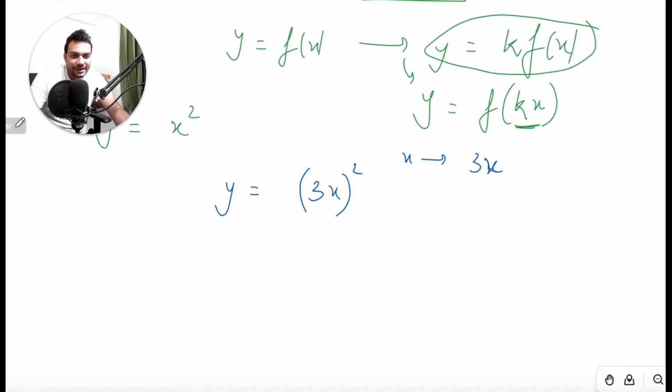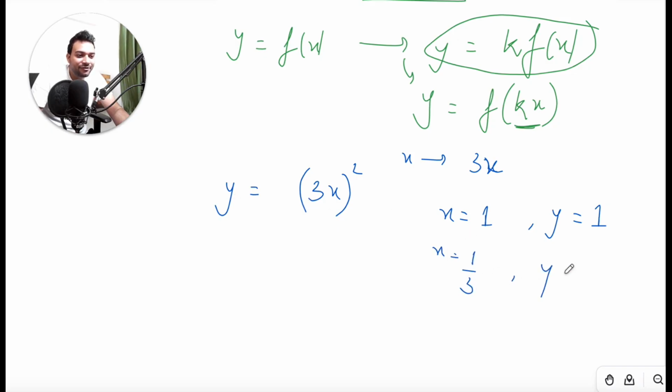Although it's one and the same thing, the x would be sped up. Earlier, at x is equal to 1, you had y is equal to 1. Now at x is equal to 1 by 3 itself, you will have y is equal to 1. At x is equal to 2, you had y is equal to 4. Now at x is equal to 2 over 3 itself, you'll get y is equal to 4.